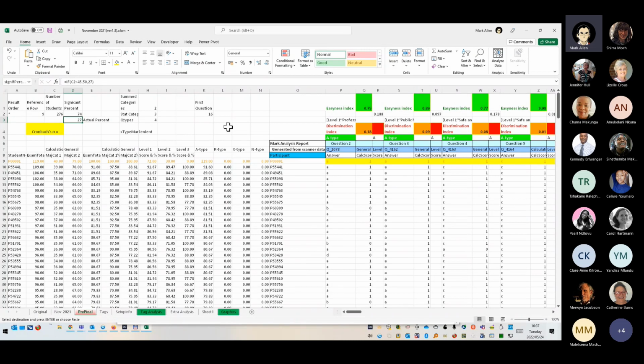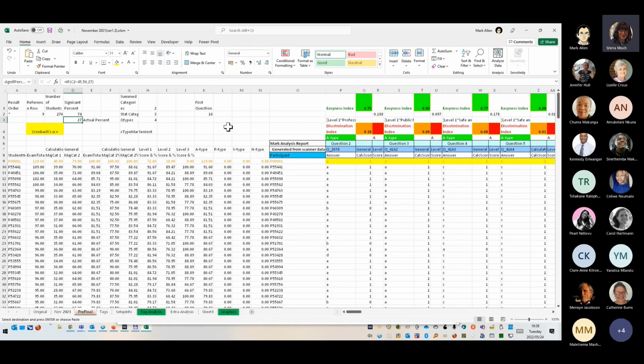Are the students who are passing the ones who are determined to pass? And are the students failing the ones that we actually don't want to pass, that are not safe? And that looks at your pass mark as well, and especially the discrimination index gives you an idea of which questions are the most appropriate when deciding those kinds of pass-fail questions.